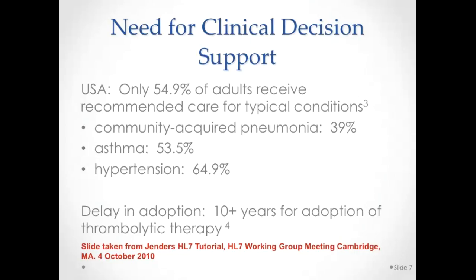Hopefully it's a little higher now, but given the heavy lift everybody's had to implement their electronic health record as we've come up on the adoption curve since 2010, my guess is that it's probably not a lot higher, because when folks are putting all that effort into implementation, they're not putting a lot of effort into optimizing how the system's working for clinicians. So clinical decision support is a big way to increase guideline adherence, and more importantly, to increase the number of patients that are getting the recommended care.